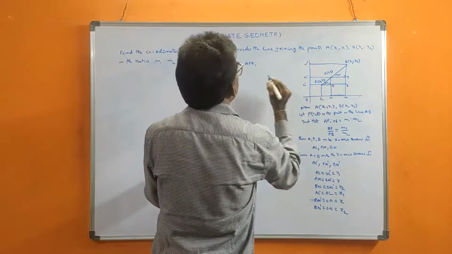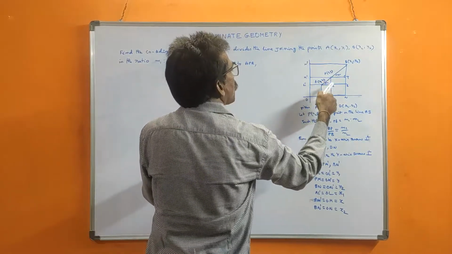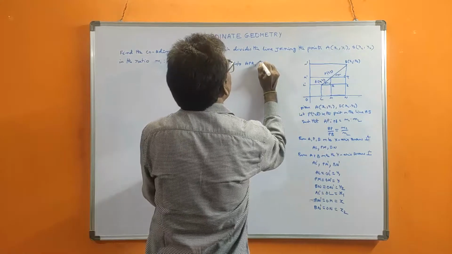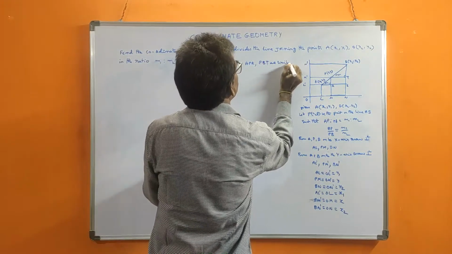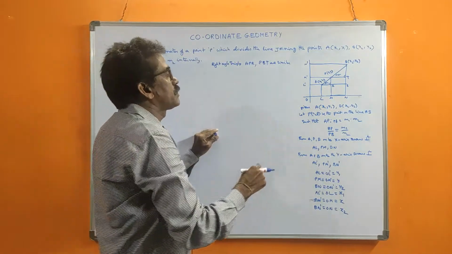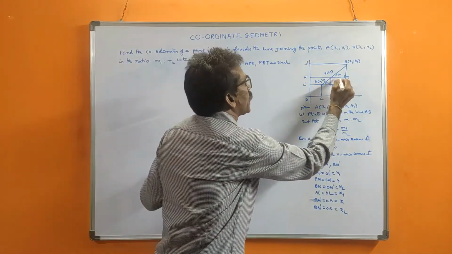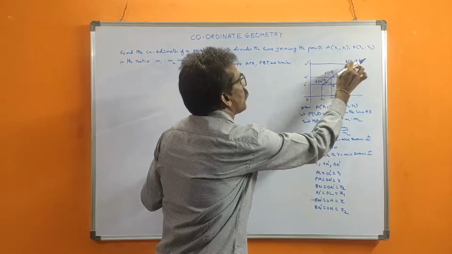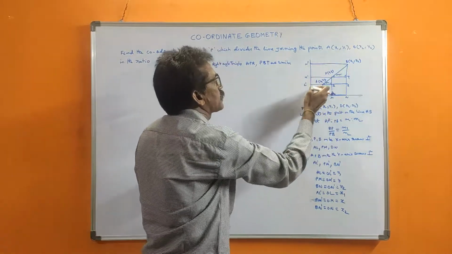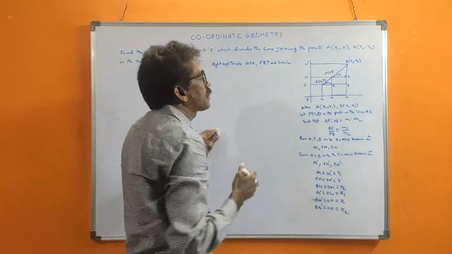So, by this, APR and PBT are similar. These two triangles are similar. Why similar? You see, one angle is 90 degrees, and this angle is equal to this angle. Why? Because of parallel lines, the transversal same side angles are equal, that you know.